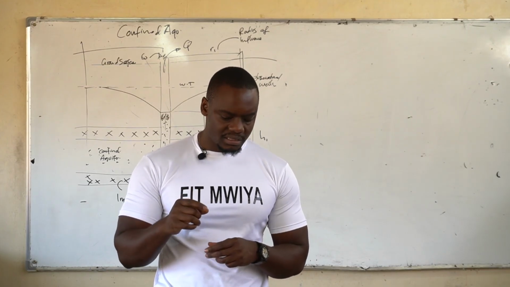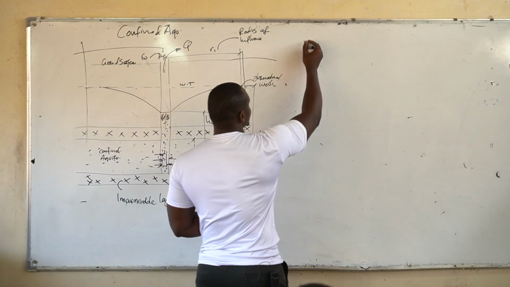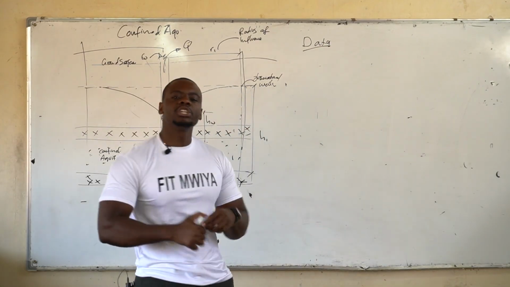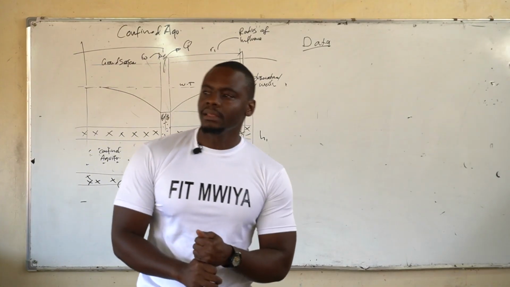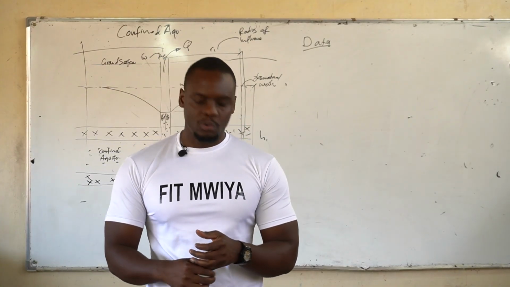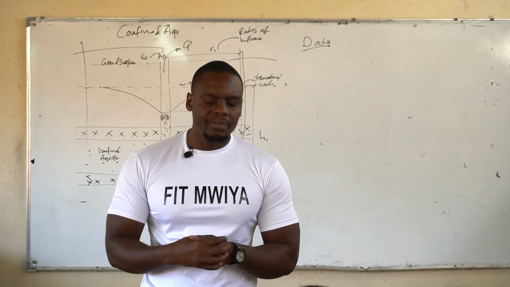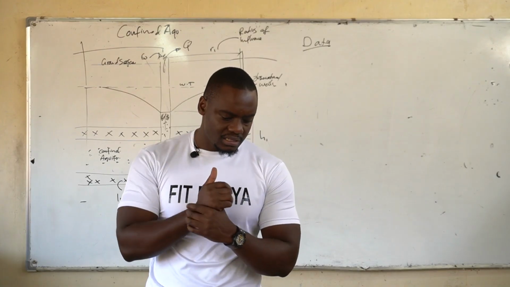So after that, just come and write data. This is just information, additional data concerning the borehole in question. So after you write data, say aquifer thickness 49 meters.